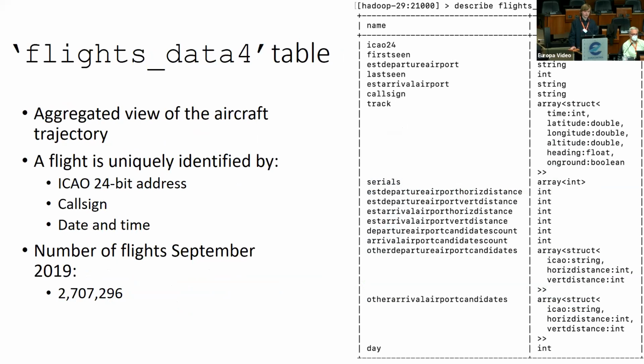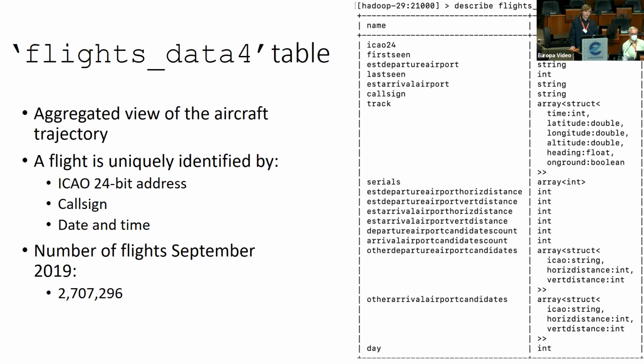On the other hand, there is the flights data 4 table within OpenSky. In short, it's an aggregated view of aircraft trajectories, and a flight within this table can be identified uniquely by the aircraft address, the call sign, and also date and time.